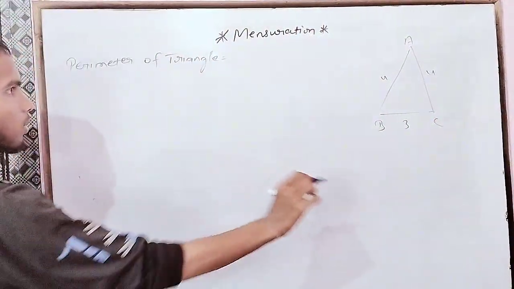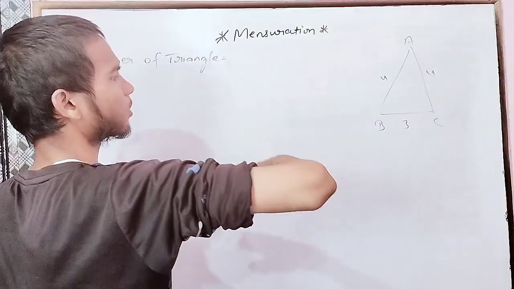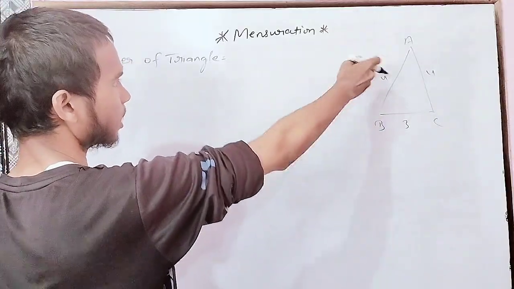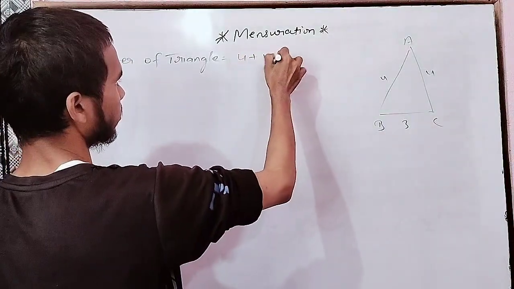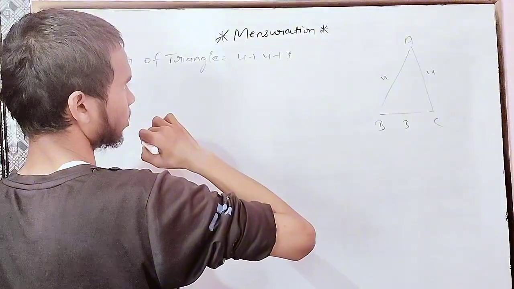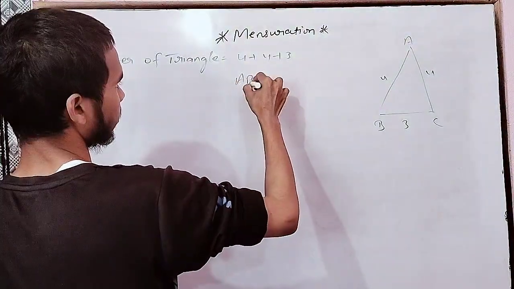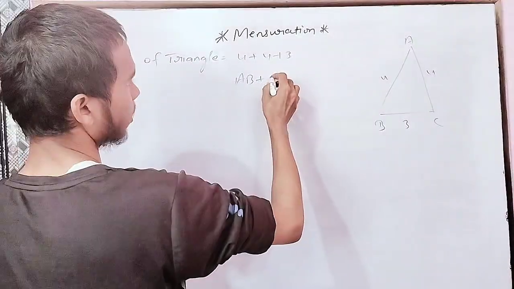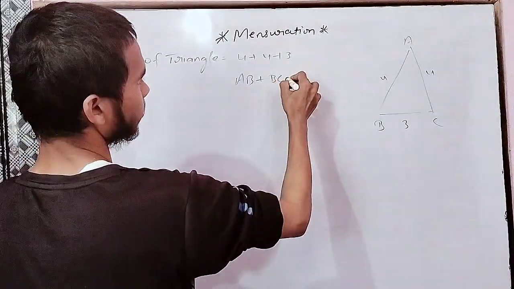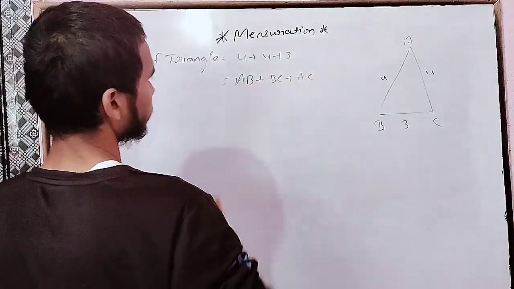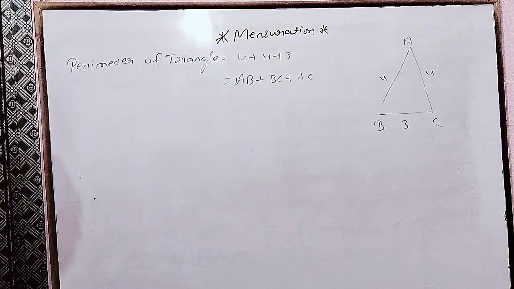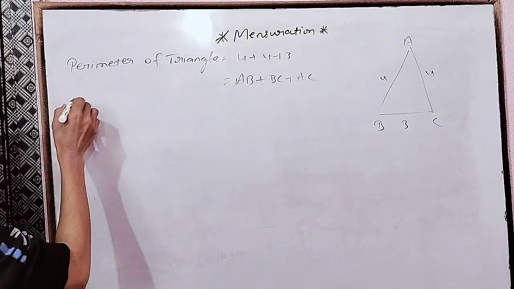Here we sum up all the given sides: 4, 3. You can write it in variables as AB plus BC plus AC. This is how we find the perimeter of a triangle.